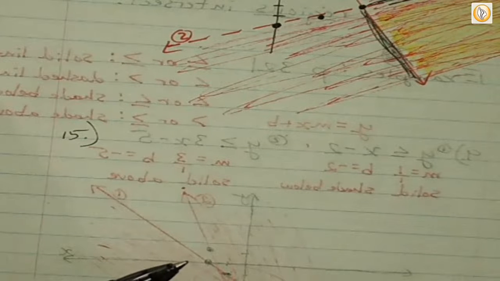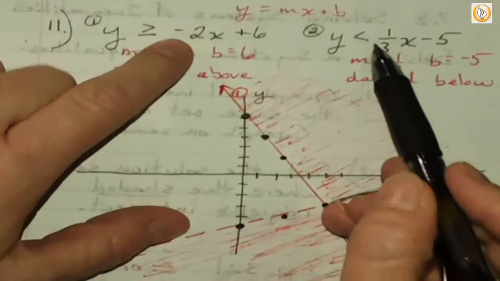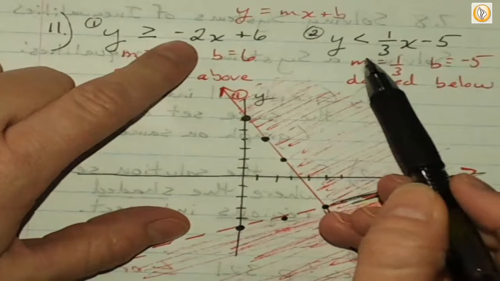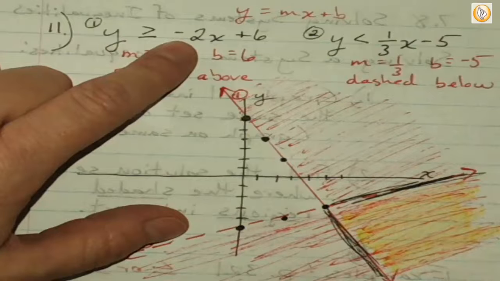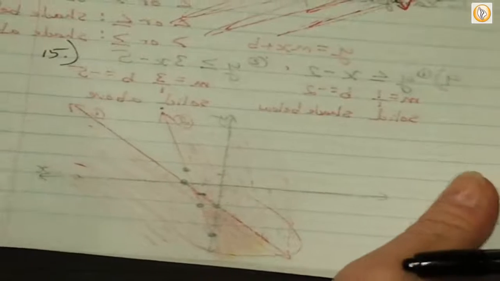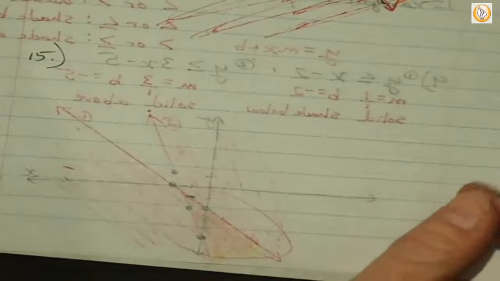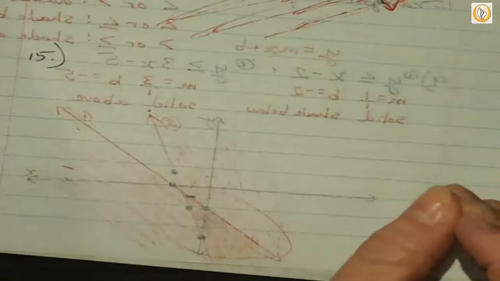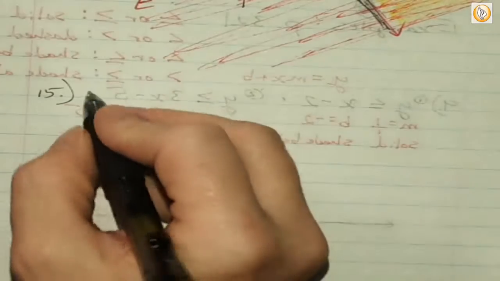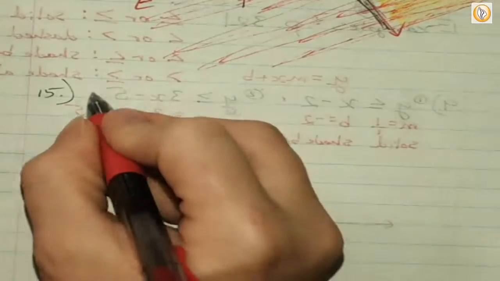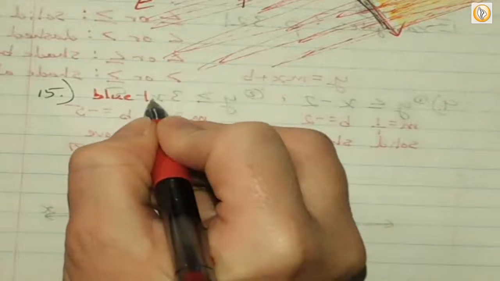They're asking what the two equations are by looking at that graph. So your answer is going to be two equations. Let's look at the blue line, and I'm even going to write blue line.